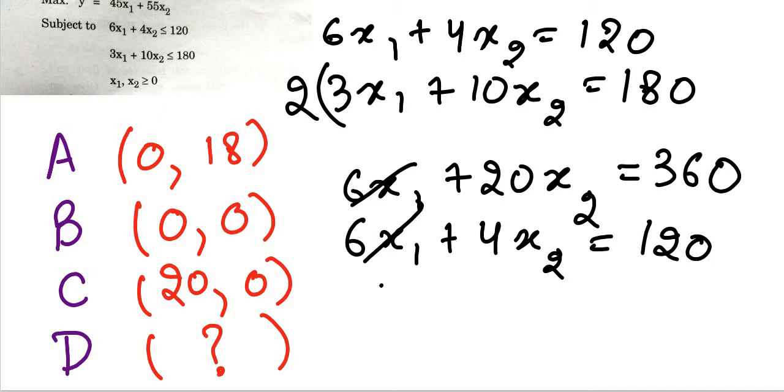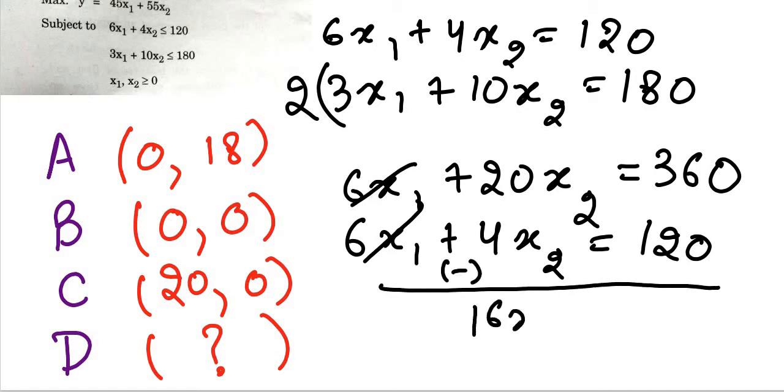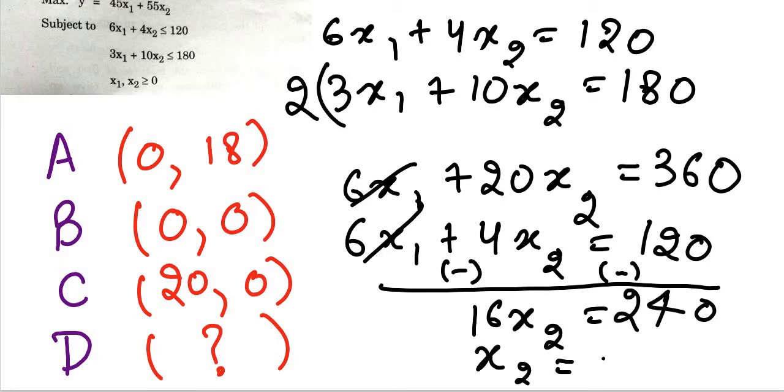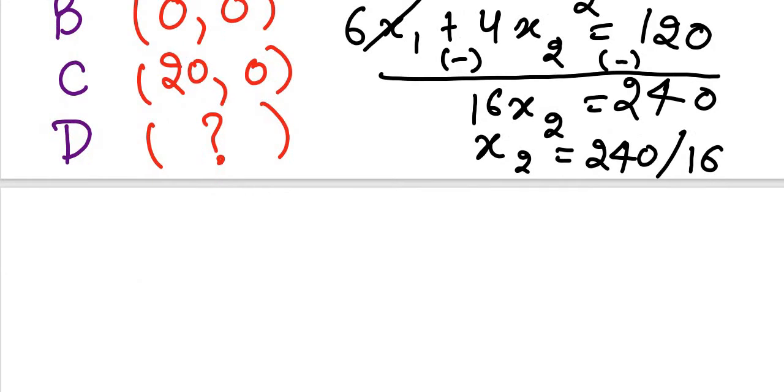Now you know how to solve this like this. 20 minus 4. 6 minus 2 is 4, 3 minus 1 is 2. So x2 will be equal to 240 by 16. We can solve it here down, like this.